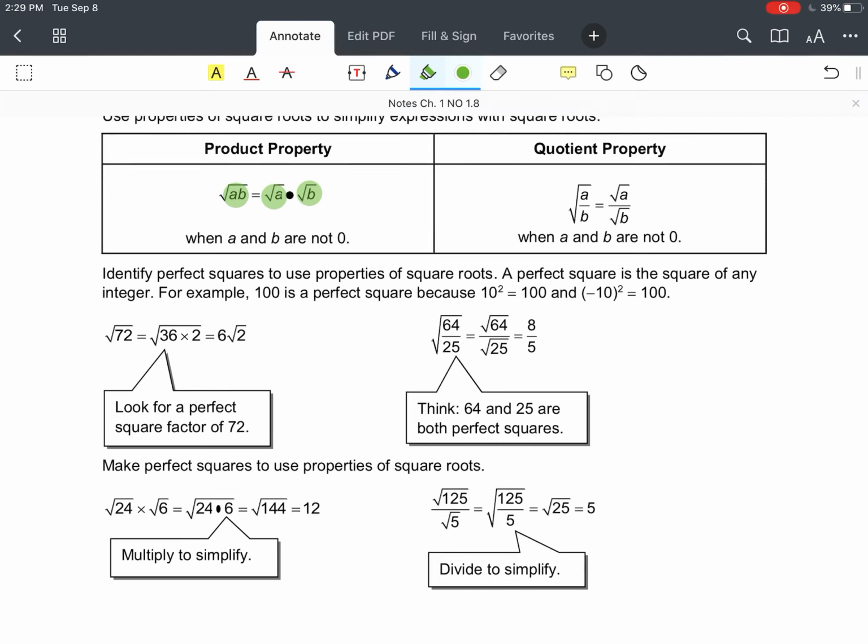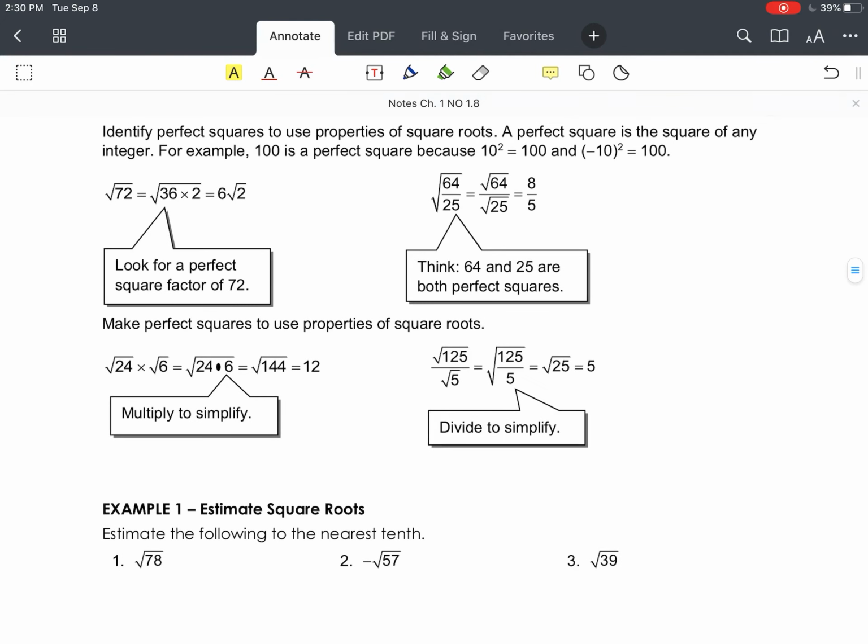This is going to be very helpful when we simplify because we're going to use this property to pull out perfect squares. Quotient property is the same thing. If I have 1 fraction underneath the square root, it's the same thing as the separation of 2. Sometimes they'll be separated and you're going to need to put them back together. So we're going to kind of go back and forth using both these properties to help us simplify square roots.